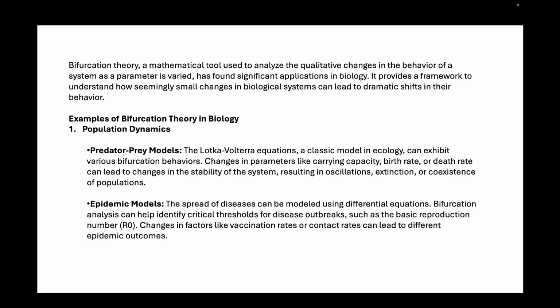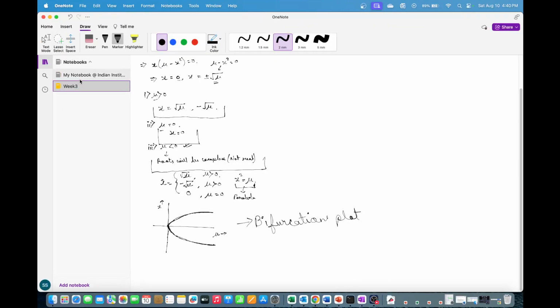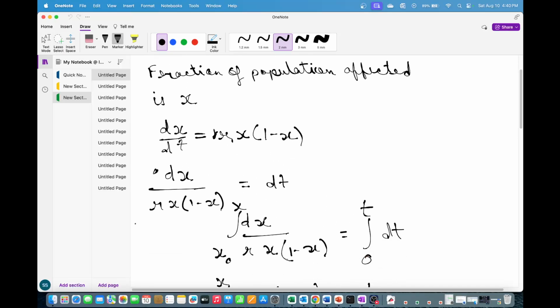If you remember, we took certain parameters. Let me go back to the notes. Yeah, so in the pandemic model also we have this R parameter here, right? How the variation of R can change the steady states of the whole model is what we are looking to gain from bifurcation plots as well.